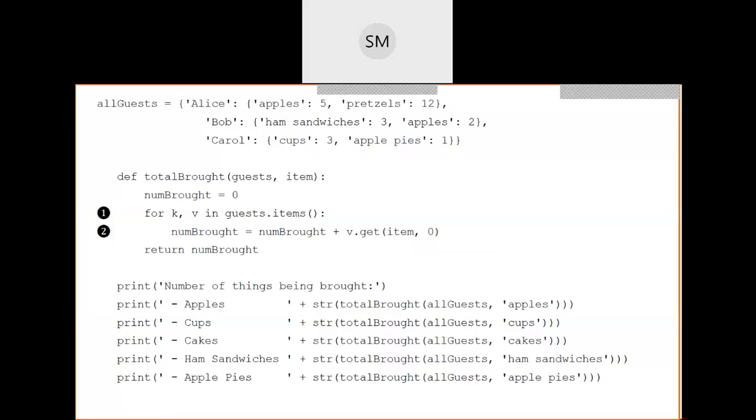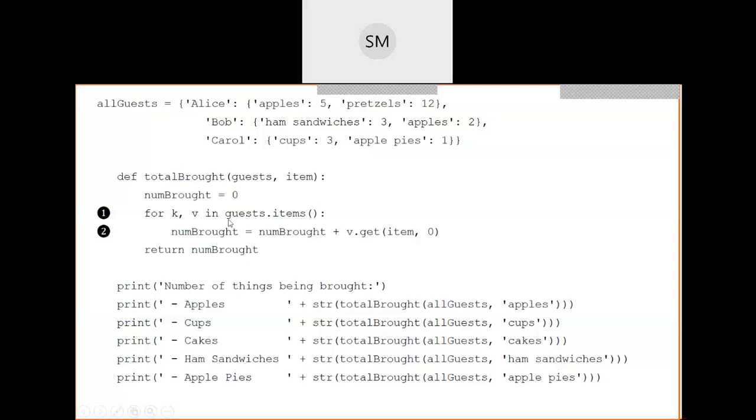Because numBrought means how many items I brought, and how many items my friend brought, that we want to store. So we are using one variable here, that is numBrought. And inside this function only we are using one for loop with two variables, that is k and v. Already I told you what is k and v. k is key and v is value.